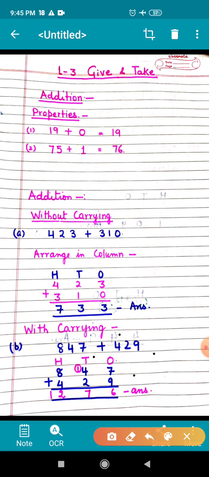After that, we will start adding from the 1's place. So 7 and 9, when you add 7 and 9, it comes 16. Okay, 16: 6 is on the 1's place and 1 is on the 10's place. So 6 you will write on the 1's place, and this 1 will go on the 10's place.